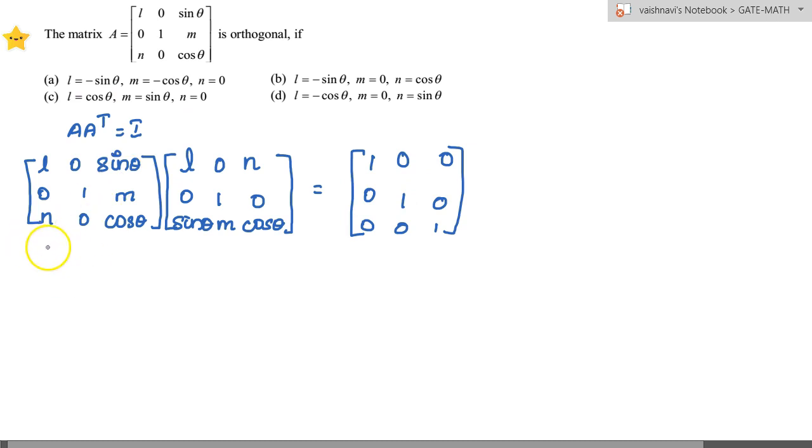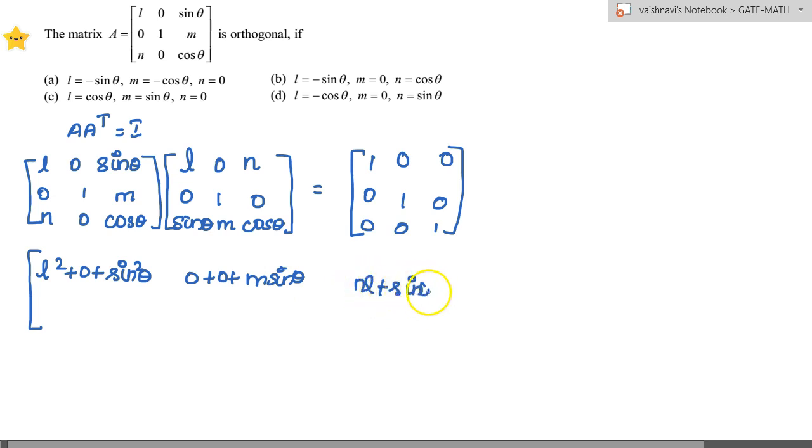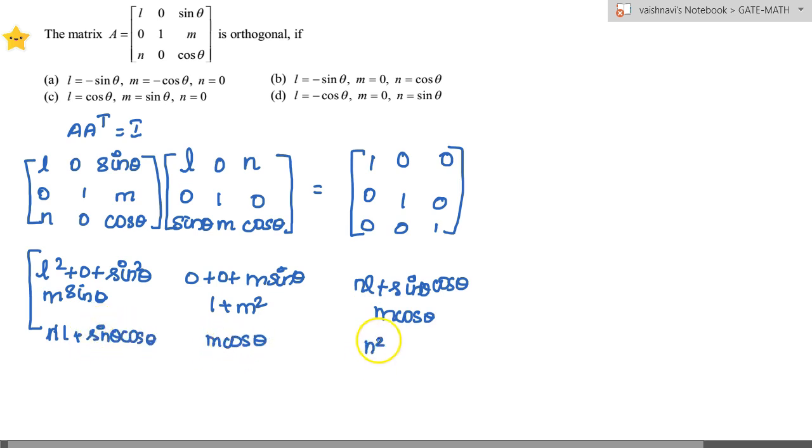Now let's do the multiplication here. We get l squared plus 0 plus sin squared theta, 0 plus 0 plus m sin theta, ln plus sin theta cos theta; m sin theta, 1 plus m squared, m cos theta; ln plus sin theta cos theta, m cos theta, n squared plus cos squared theta, equal to I, which is [1, 0, 0; 0, 1, 0; 0, 0, 1].